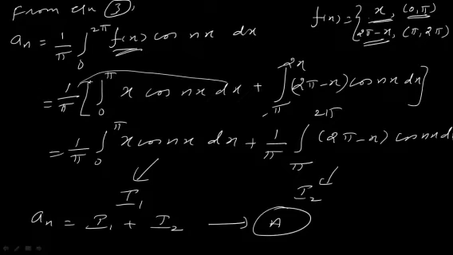Now, let me first calculate I1. So your I1 is 1 by pi integral 0 to pi x cos nx dx.